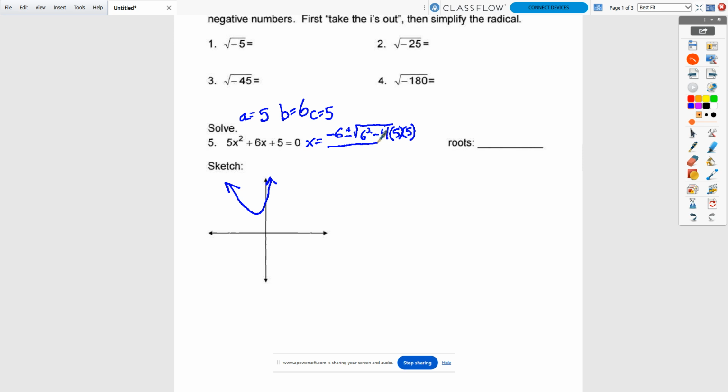And all of that is over 2 times a. So 2 times 5.